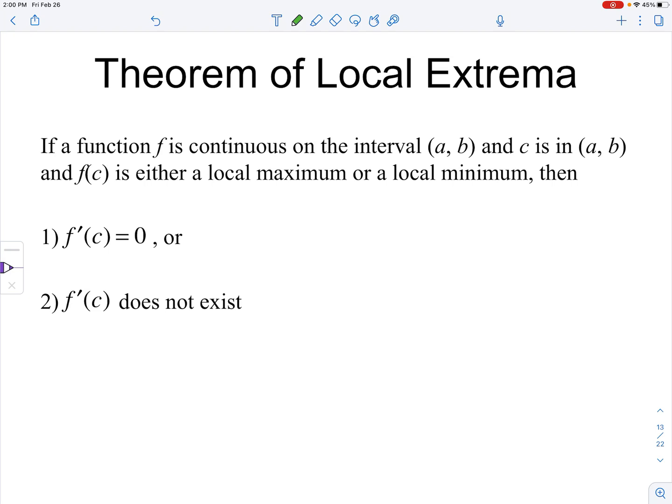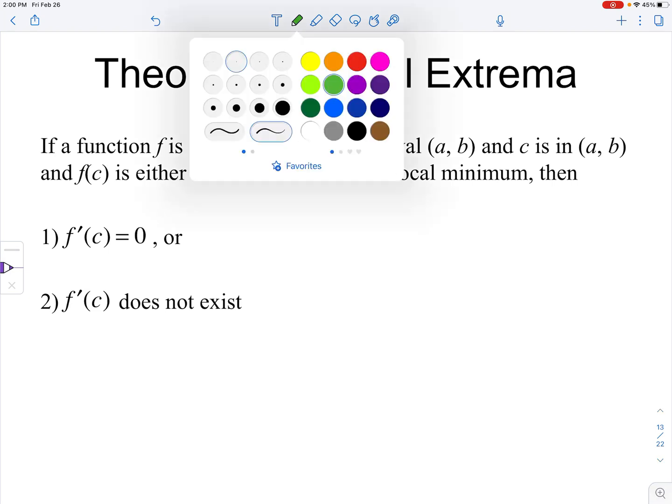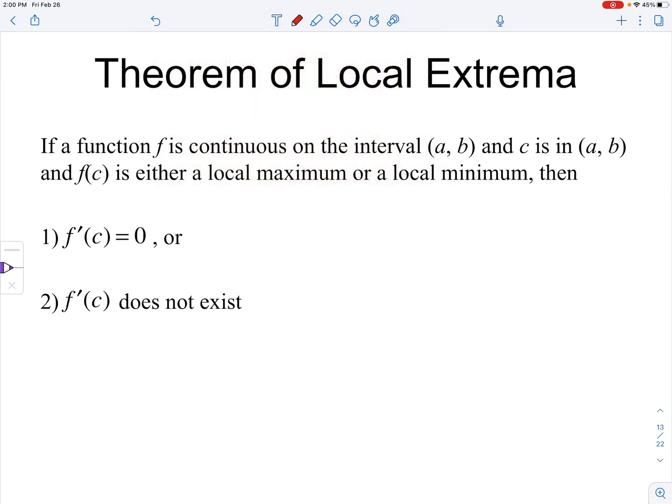So let's look at each of those cases closer and what they mean. So f prime of c equal to 0, well, that indicates a horizontal tangent line. Okay, so if the derivative of the function evaluated at c is equal to 0, that means that there is a horizontal tangent line at x equals c.